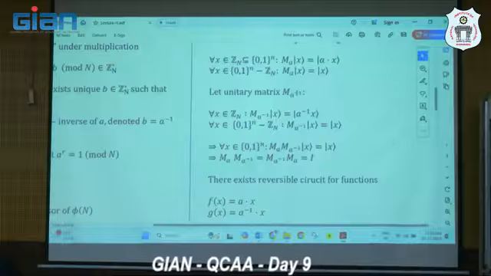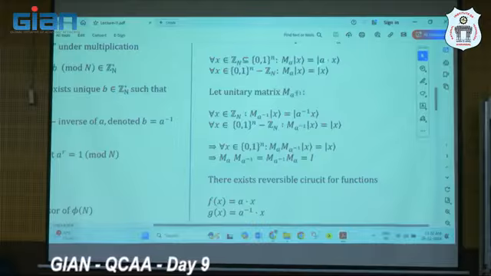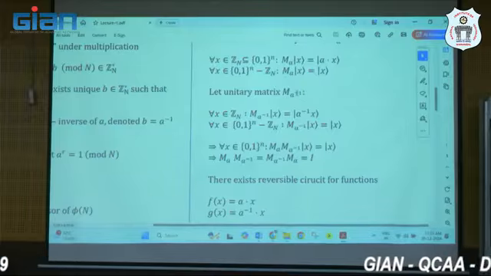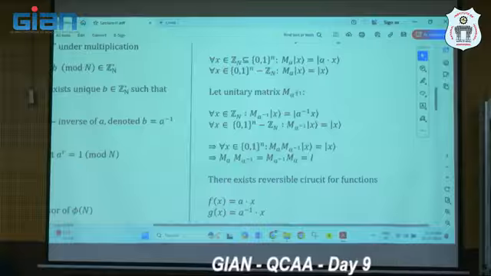Similarly here we have in-place computation. So now you see the utility of that discussion we did, because we need circuits for these two unitaries, MA and MA inverse.